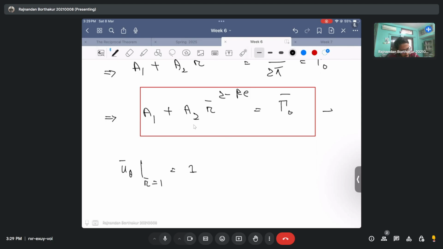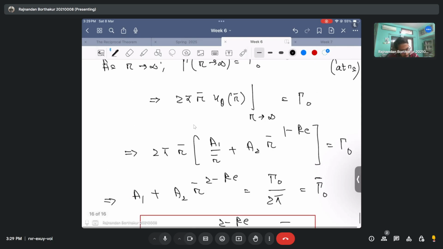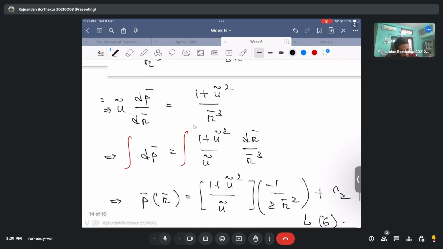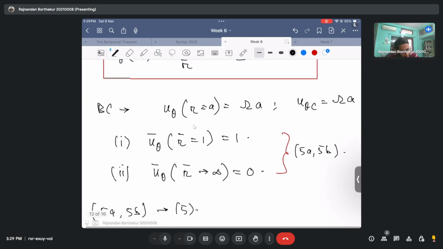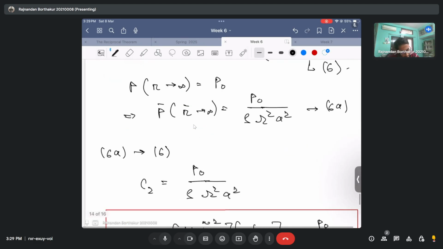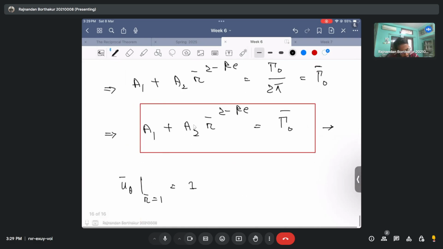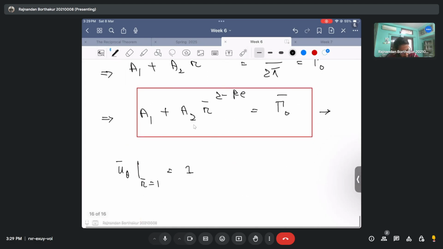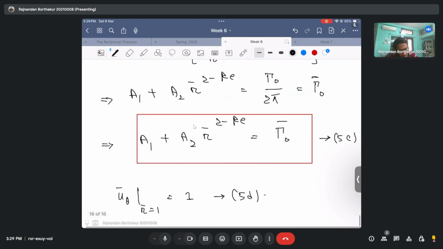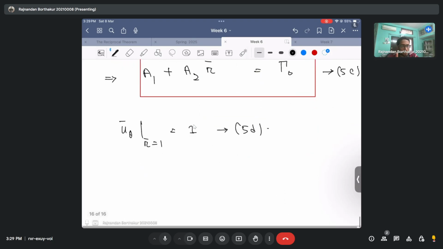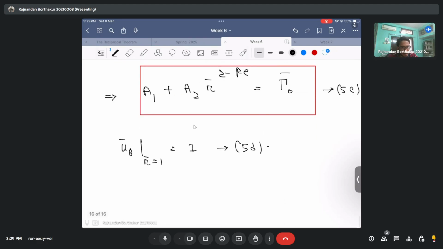I called the earlier ones 5a and 5b, and I will now name these 5c and 5d. And of course u theta is known: u theta is a1 by r bar plus a2 times r bar to the power 1 minus Re.